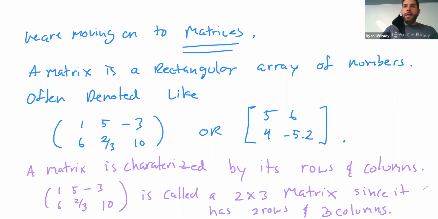Matrices probably popped up in the history of math and science a couple hundred years ago. And I would have to double check, but I'm almost positive that they were invented to help aid in solving systems of equations.